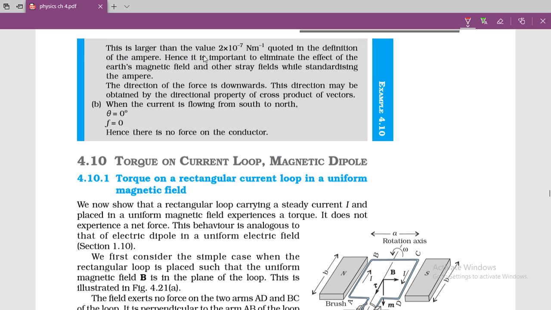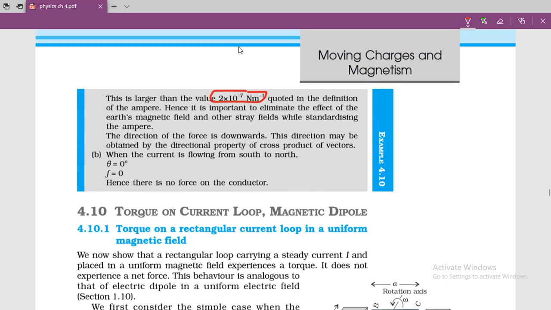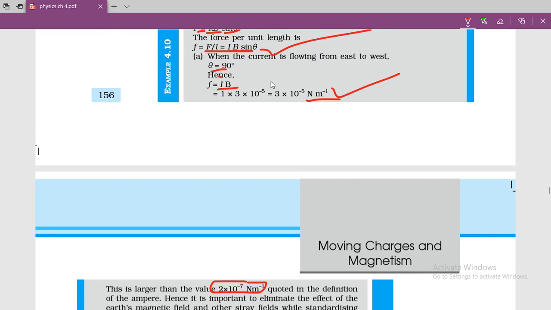This is larger than the value 2 into 10 to the power minus 7 Newton per meter coded in the definition of the ampere. Hence, it is important to eliminate the effect of the Earth's magnetic field and other stray fields while standardizing the ampere. So you can see this is the force when we define 1 ampere, and in this case your result is 3 into 10 to the power minus 5.